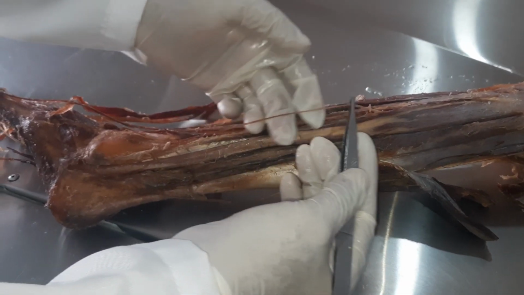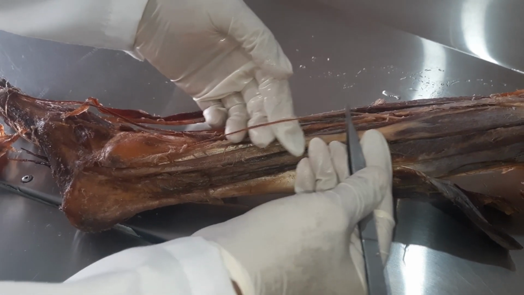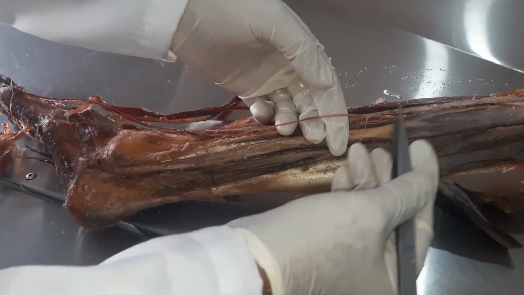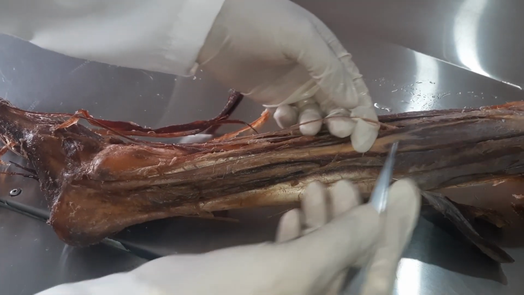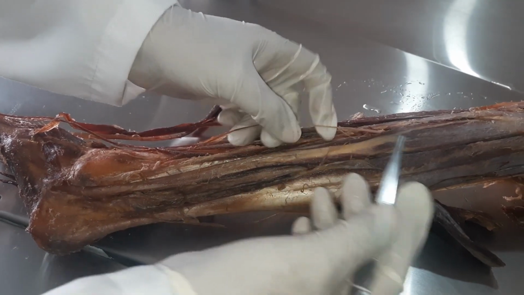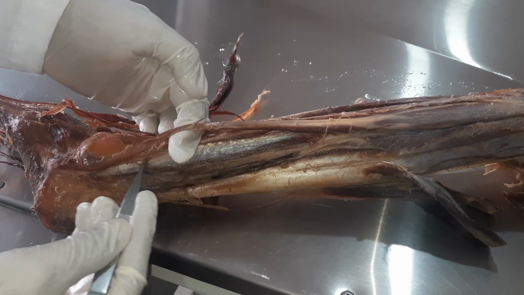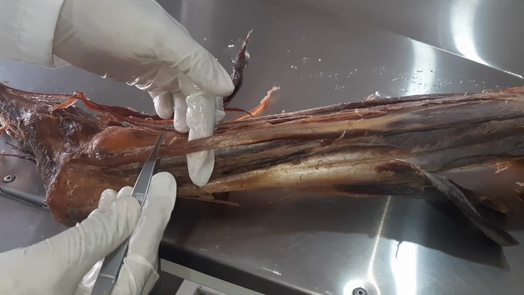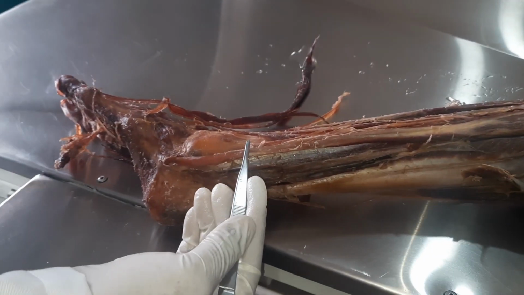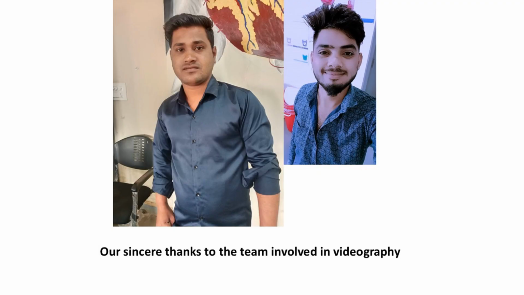There is a nerve here, that is the superficial peroneal nerve, which is a branch of the common peroneal nerve, which is supplying peroneus longus and brevis. Note that peroneus brevis is very close to the bone. Peroneus longus is superficial to the peroneus brevis.